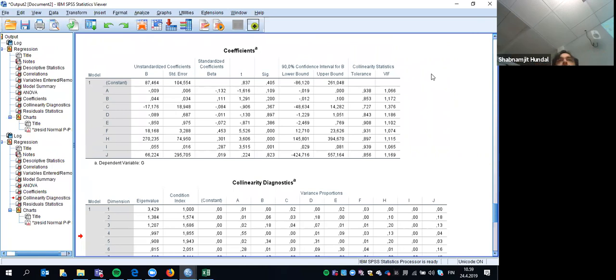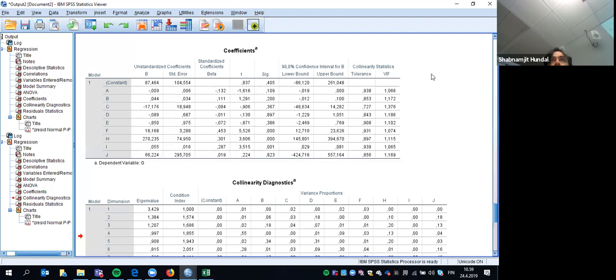The problem is that, let's say A and B. For example, A has less impact on G, B has less impact on G, but A and B are highly correlated with each other. This is a problem.